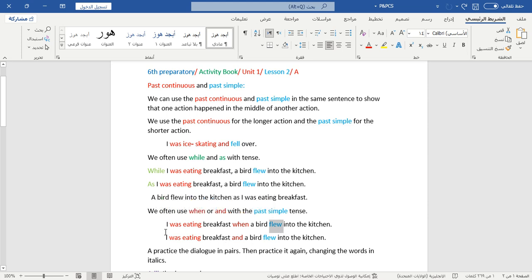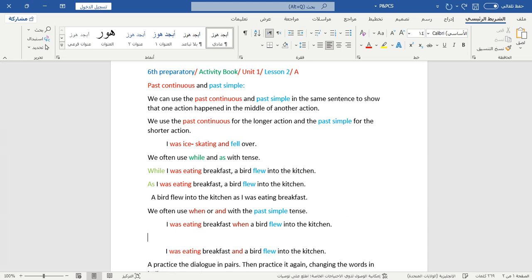When the bird flew into the kitchen. And the second sentence, I'll write also in the other form. In the beginning of this sentence, I should put when. Of course, in all sentences the first letter will be a capital letter.